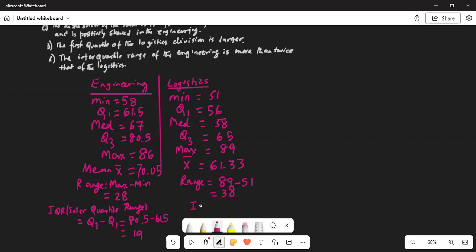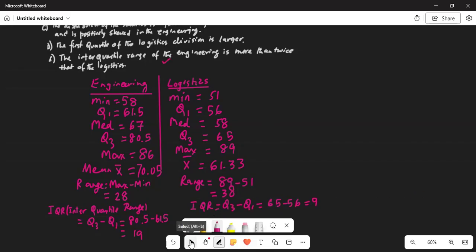And here the IQR is Q3 minus Q1, which is equal to 65 minus 56, which is 9. So definitely this one is looking good. The interquartile range of engineering is more than that of logistic.